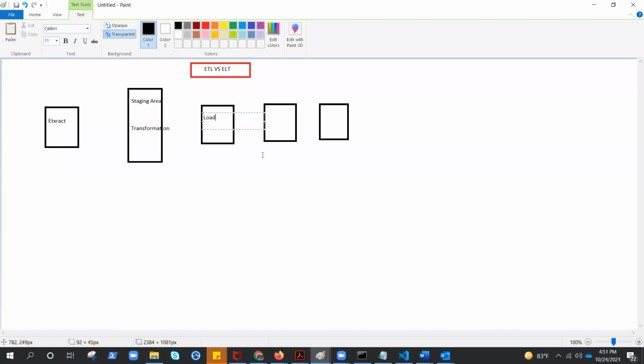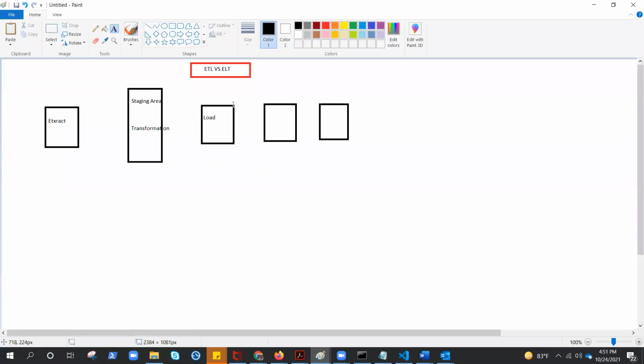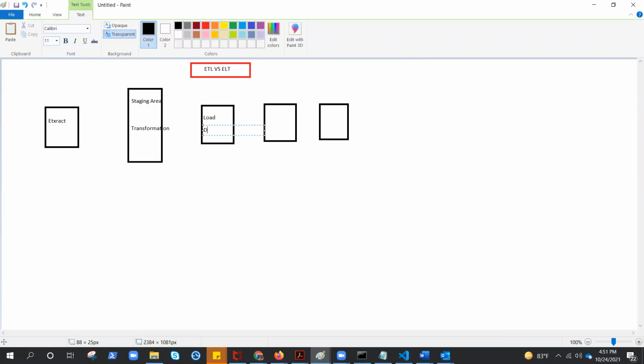Okay, and once we have the transformed data here, which is actually its data warehouse, DW, data warehouse. Once the data is here, the transformed data, unwanted data would be released or deleted or removed. It doesn't matter. It's not there anymore. Only the transformed data comes here, and you can easily analyze it.